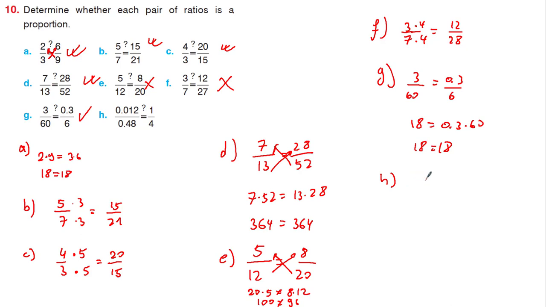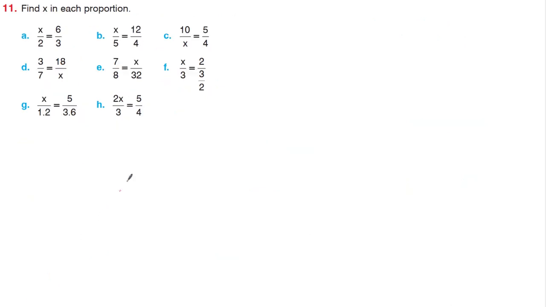And under H, you get 0.012 over 40, 0.48. If you multiply both by 1000, you get 12 over 480. You divide both by 12, and you get 1 over 40, which is not 1 over 4, so this is not a proportion.